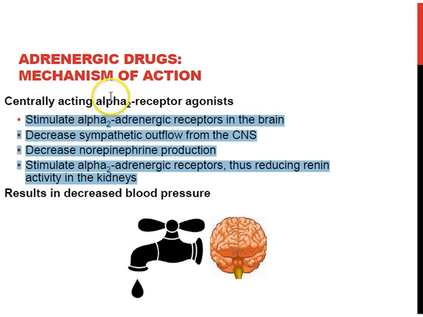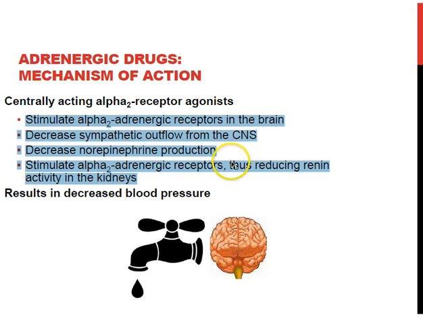So these centrally acting alpha 2 receptor agonists stimulate alpha adrenergic receptors in the brain, just as I mentioned before. They decrease the sympathetic outflow, meaning that they decrease sympathetic stimulation, they decrease norepinephrine production, and they stimulate alpha 2 adrenergic receptors, which you would think might cause vasoconstriction, but it actually causes vasodilation because it's a negative feedback loop that's very complicated to explain.